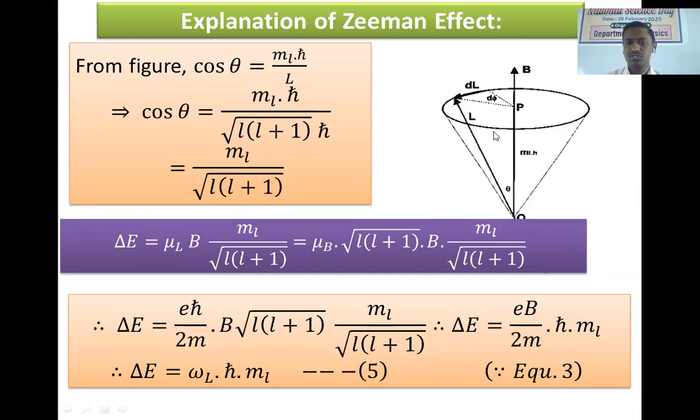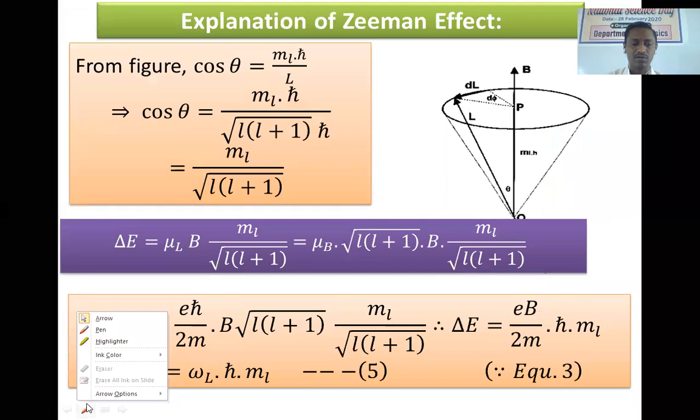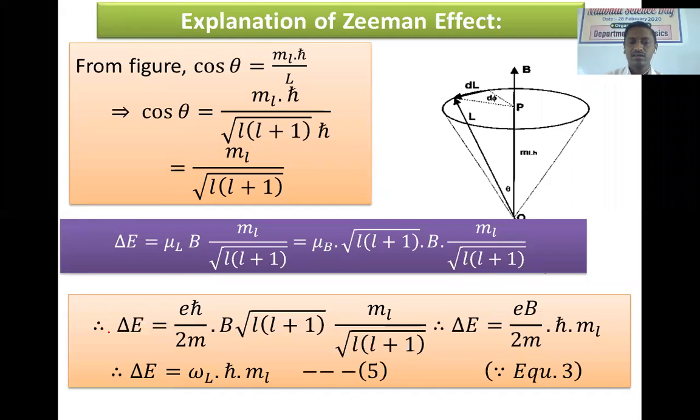This motion is on the surface of a cone; here vector L rotates or moves on the surface of the cone with an angle of theta. Here theta is the angle made by this vector L with the direction of the external magnetic field.